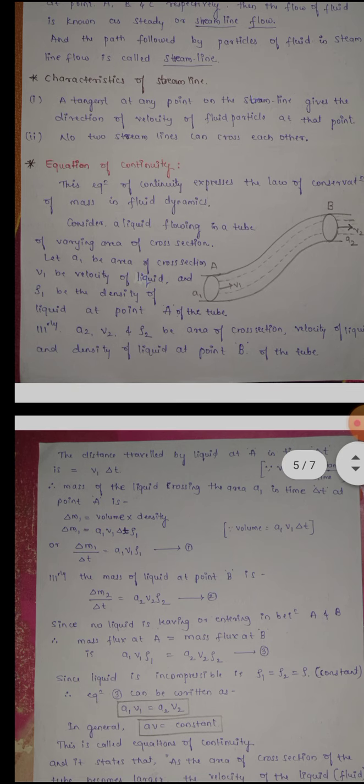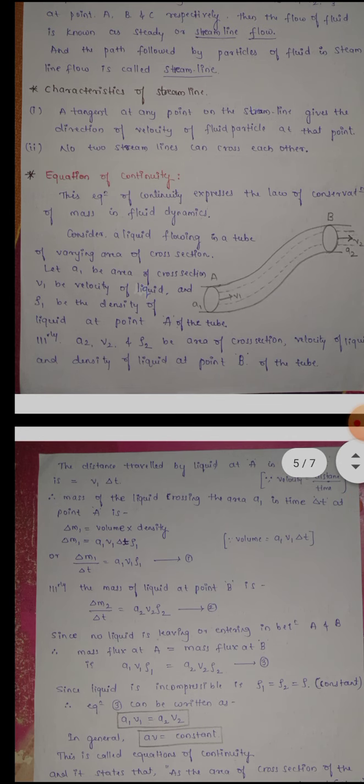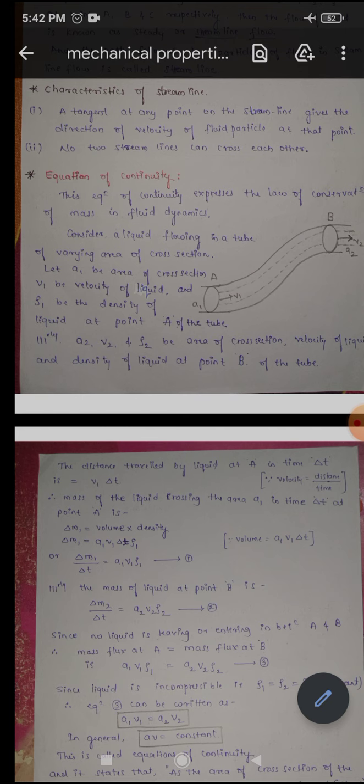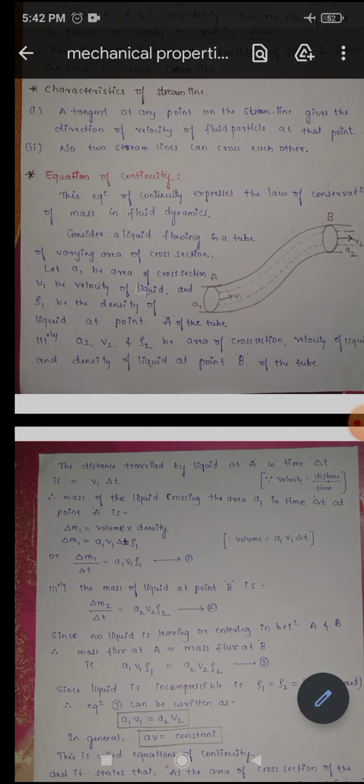Consider a liquid flowing in a tube of varying area of cross section. See this tube, which varies in area of cross section, meaning point A has one cross sectional area value, and point B has another.